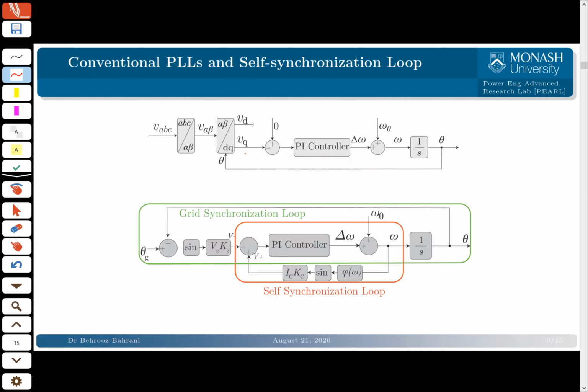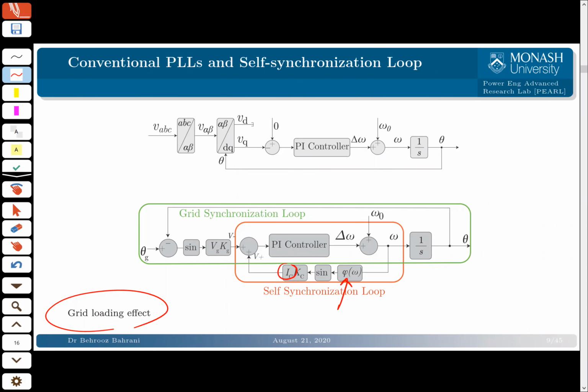However, if you look closer, in the literature you can actually find this self-synchronization loop. You can model this, and this self-synchronization loop tells you that if your grid is weak, so if you've got a grid which has some impedance, and I will call it the grid loading effect, it will appear in this phi omega.